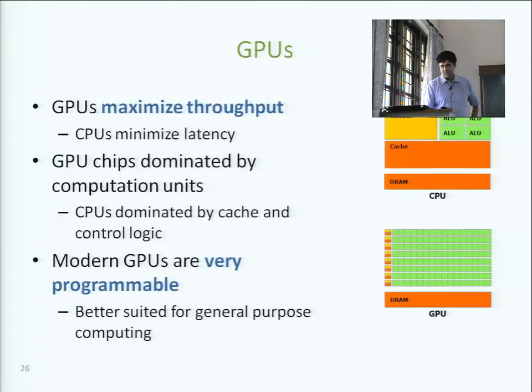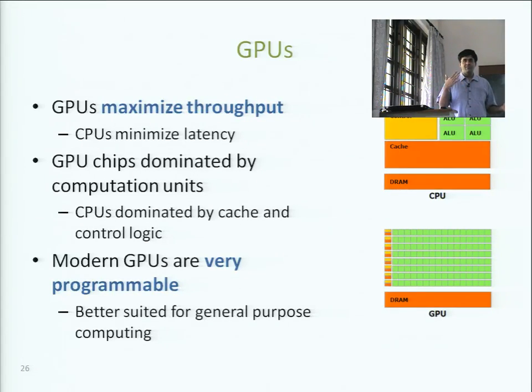Okay, so GPU architectures. Now we know what it is that they're trying to do. GPUs are trying to maximize throughput. They don't care whether one thread takes longer to run. All they care is that I finish thousands of threads as fast as possible. And it turns out that is very different from saying I want to make each thread run as fast as possible.